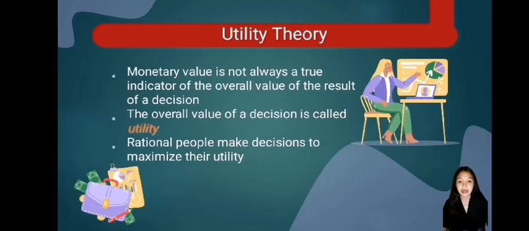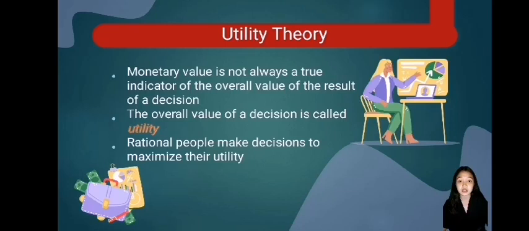When we talk about utility theory, the monetary value is not always a true indicator of the overall value of the result of a decision, since the theory bases its belief upon individuals' preferences, and people make decisions that don't maximize their EMV, or expected monetary value.